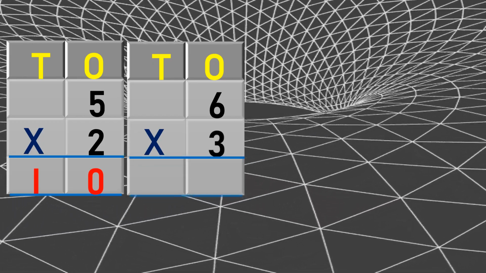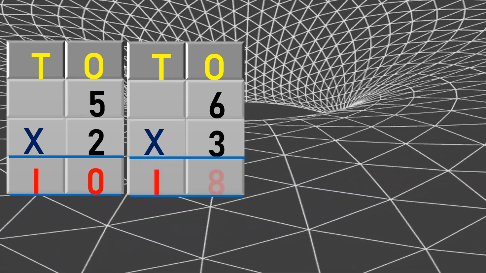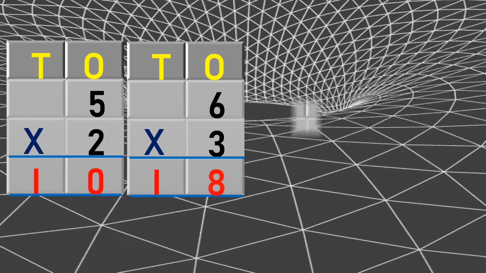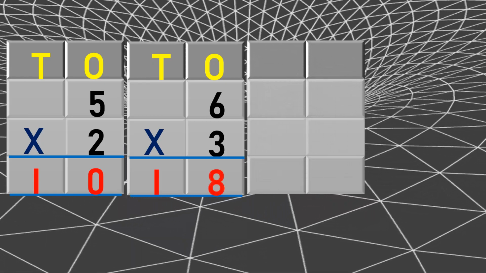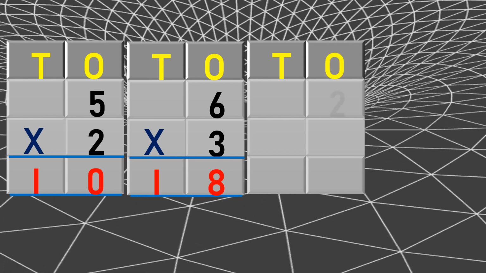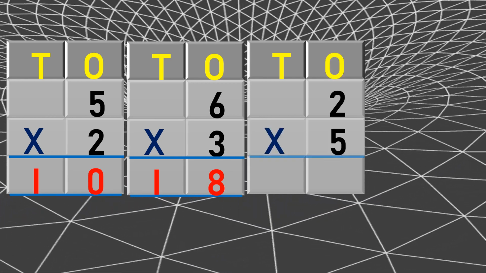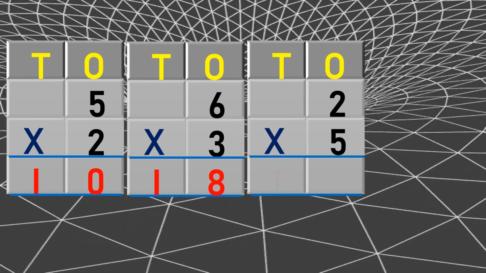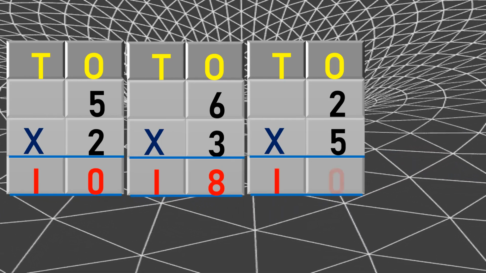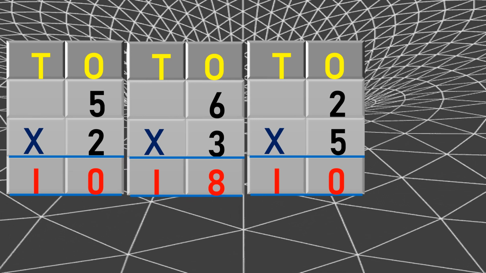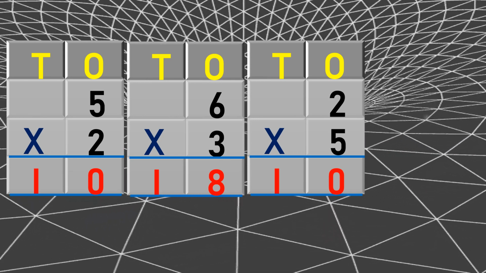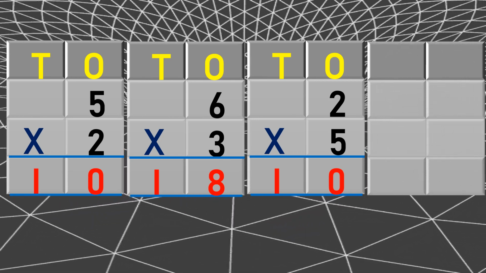Quickly go to the 6 table. 6 threes are 18. The next one says 2 into 5, which means 2 fives are 10 again. 5 twos are 10 or 2 fives are 10. One and the same thing.